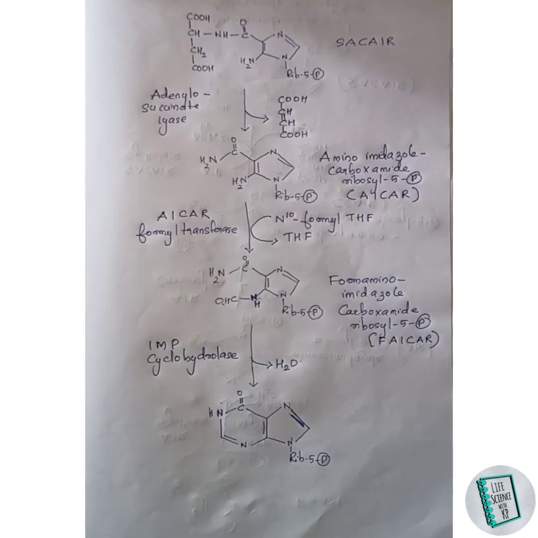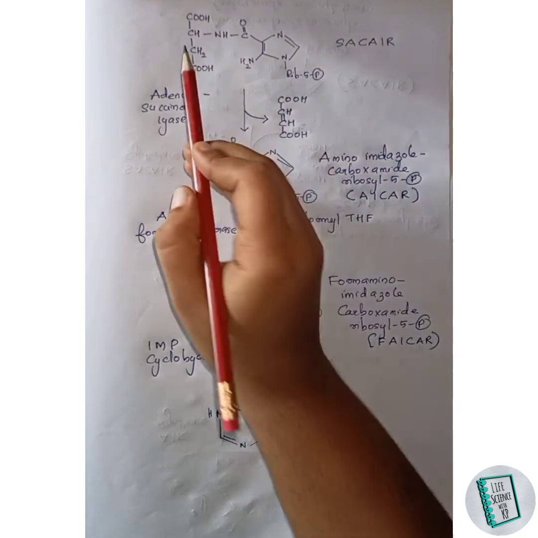The SAICAR thus formed, then in presence of adenylosuccinate lyase forms AICAR, or aminoimidazole carboxamide ribosyl 5-phosphate. So what happens here is there is cleavage of a carbon nitrogen bond, that is, there is cleavage of this bond.